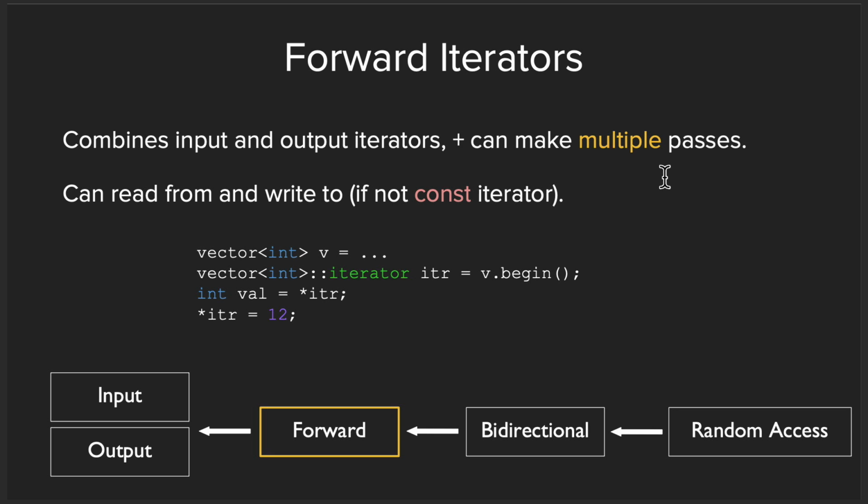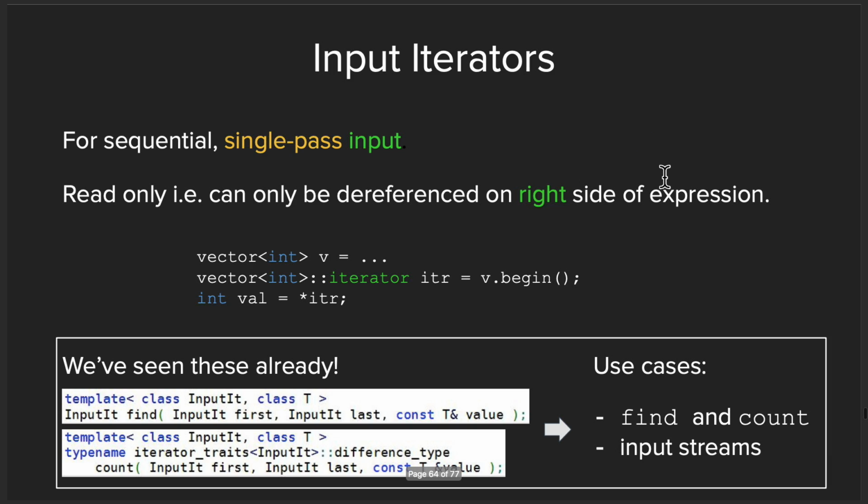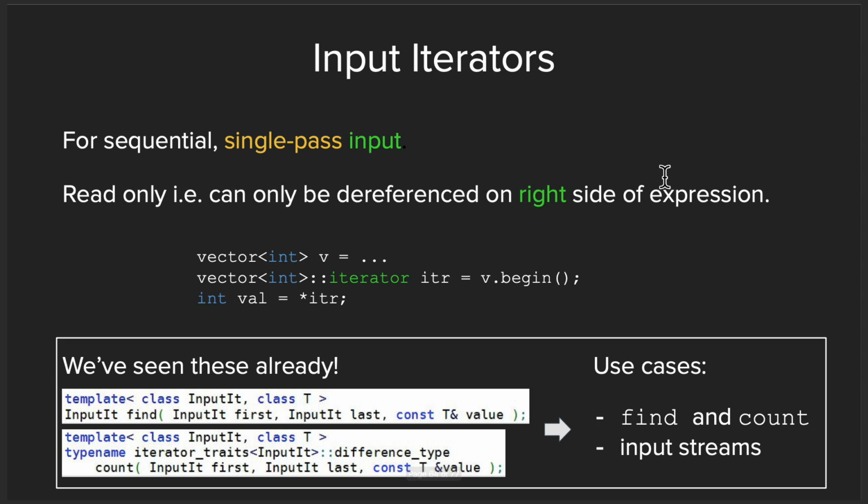What this means practically is that if there's a function, say find, that requires an input iterator, it means that you don't have to give it an input iterator. You can give it an input iterator or anything more powerful than it. So in other words, it would be useless if, say, a vector only had random access iterators and then you couldn't use find on it. So again, practically, you can use anything that's more powerful than the required thing.